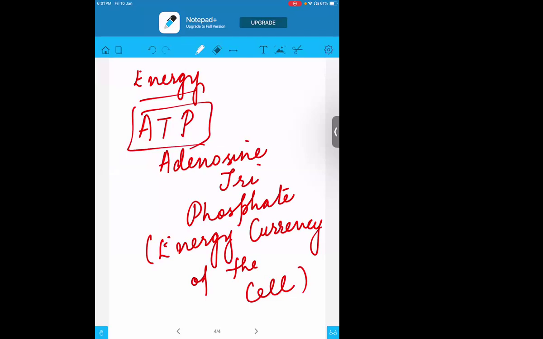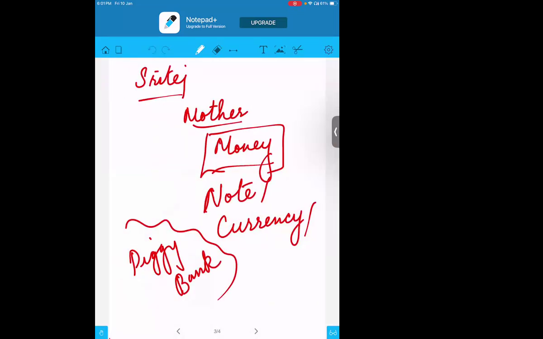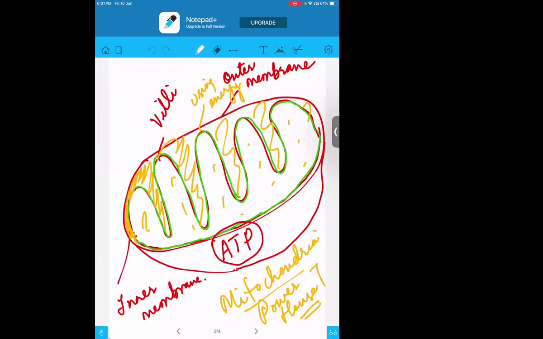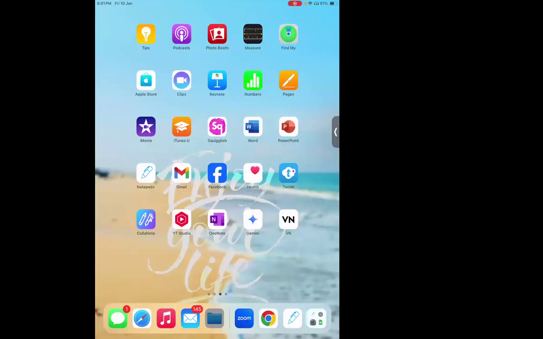And whenever your body needs it, whenever any part of it is needed, it will be used through this ATP. So that is how the powerhouse of the cell works, and it stores the energy in the form of ATP. Okay, so that's about the mitochondria.